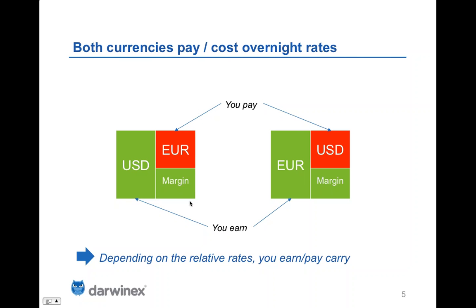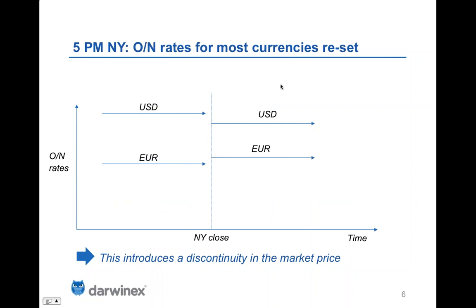The important thing to see is that depending on the relative size of the two rates, you may actually make some money, all other things equal, or pay some money for interest on the basis of these funding rates, which is set at 5 p.m. London time for most pairs, except I think for the Kiwi, which closes earlier on account of the fact that they are in a very different time zone to the rest of the world.